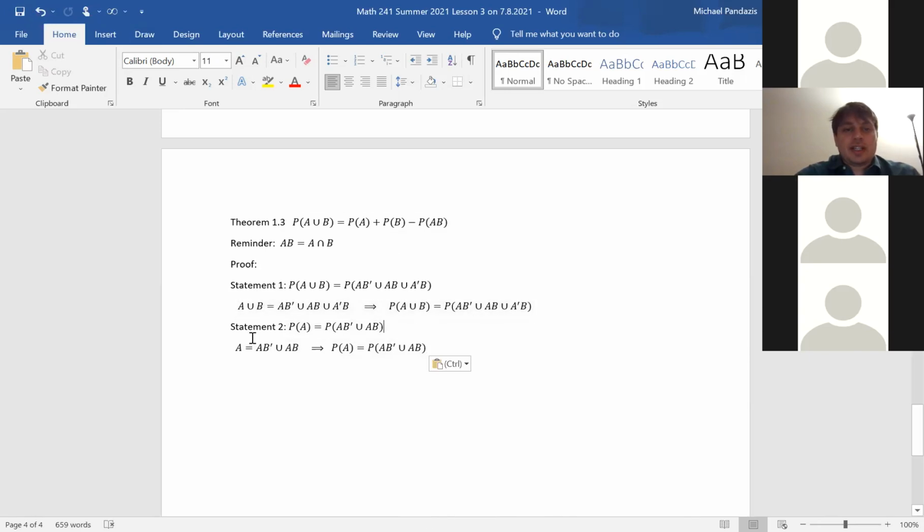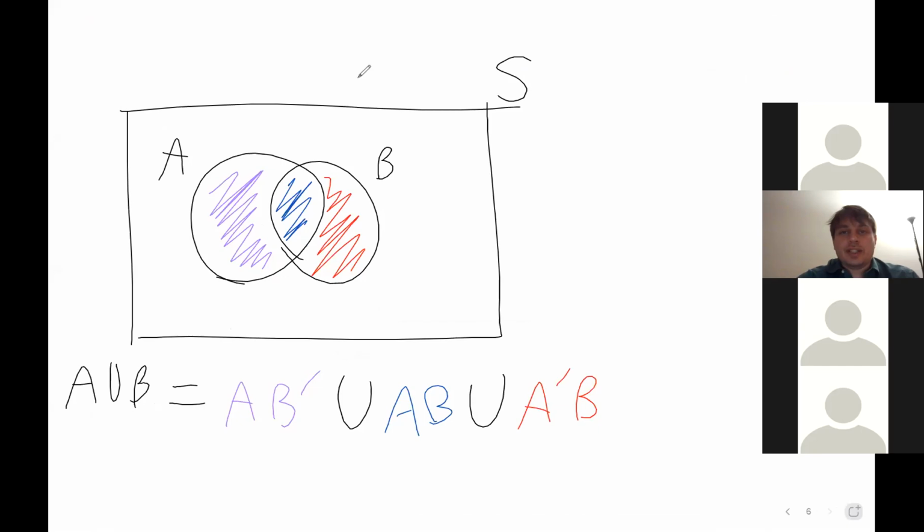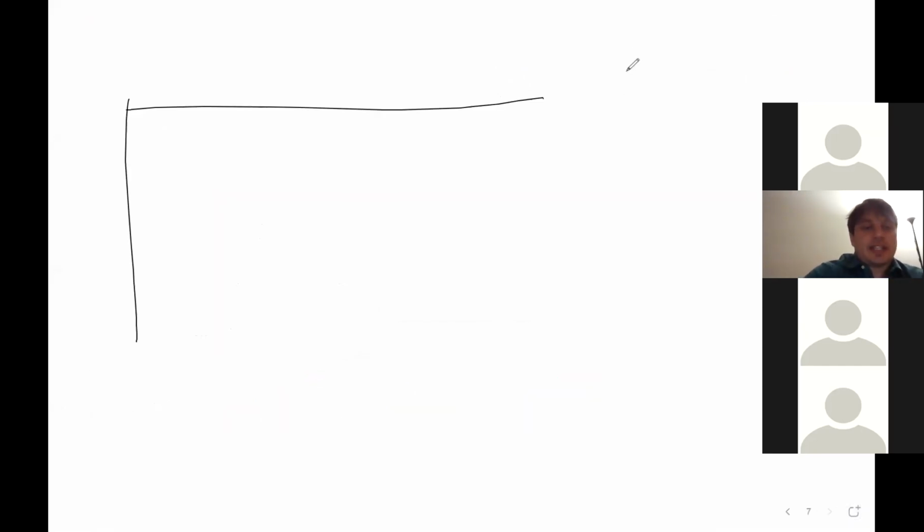Okay, and so what I'm going to do in the whiteboard now is show you this equality of sets. But you can see how that implies that P of A is equal to P of that on the right. So let's do that. You have the universal set again.